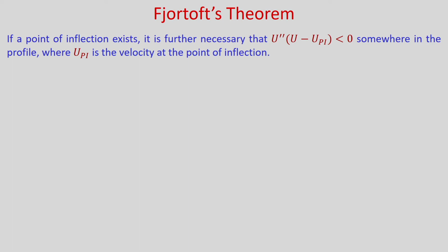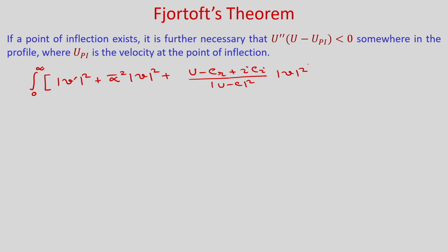If you consider the equation we have written, it is integral 0 to infinity of mod v prime square plus alpha square mod v square plus u minus Cr plus iCi divided by mod u minus c square times mod v square, here u double prime dy equal to 0.